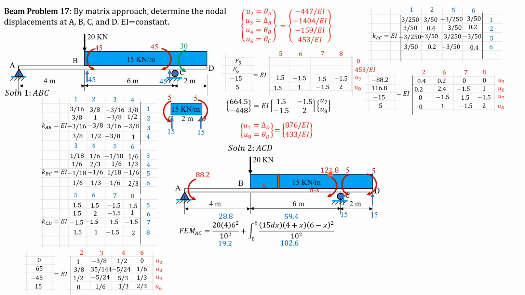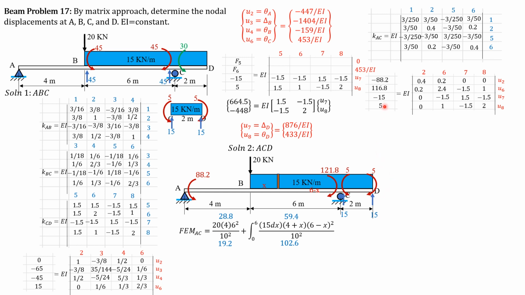So the net fixed moment is clockwise. So the load should be counterclockwise. So that's why it's positive 121.8 minus 5 is 116.8. And at this end, we have opposite of 15, negative 15. Then opposite of clockwise, 5 kilonewton meter moment is counterclockwise. So that's why positive 5.